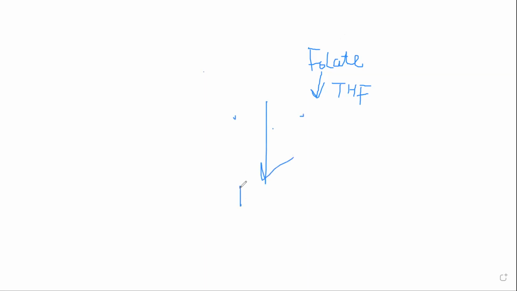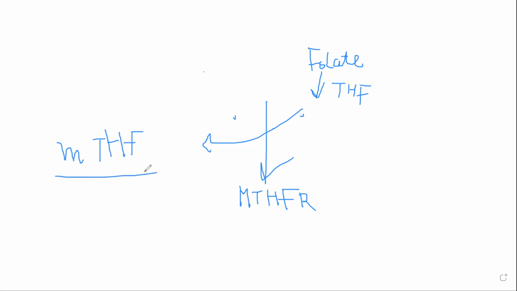And one of the steps is where the famous MTHFR gene acts, because it makes an enzyme, methyl tetrahydrofolate reductase enzyme, that converts the tetrahydrofolate to its methyl form. Okay, so it is called 5-methyltetrahydrofolate. So that's why people who have this SNP, who have this mutation, are not able to make the active form, methyl tetrahydrofolate.